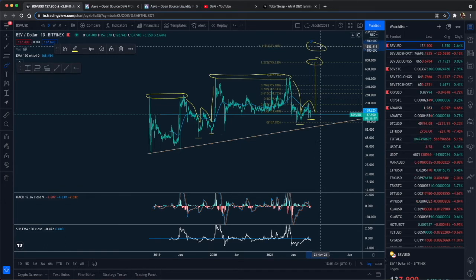Okay, I don't put another line exactly. Go a little lower just in case it doesn't reach the line. It's better to get out here, take profits, than to get out at the line and not touch the line, right? So just to better be safe than sorry. If we do miss out on 10%, it's not a big deal because it's such a huge gain from down at the bottom here all the way to the top up here.